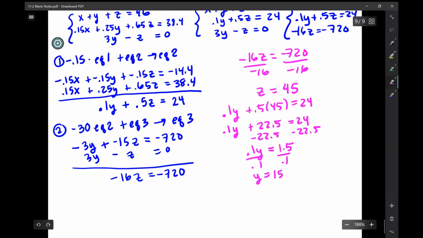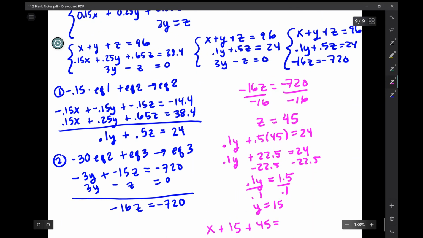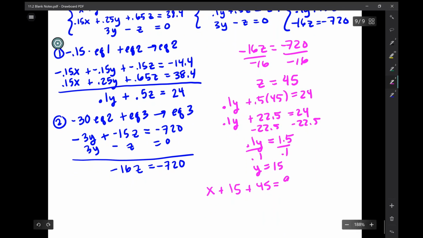And finally, we know that x plus 15 plus 45 has to equal 96. So 96 minus 45 minus 15 is 36. Whew. That was a little bit rough with all those decimals, but it's really the same process.